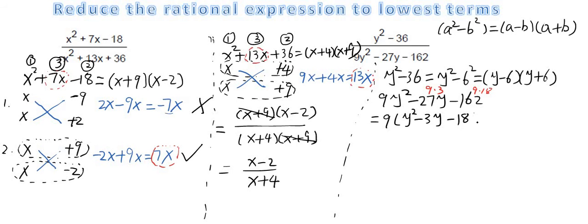Again, how do we factor this polynomial, y squared minus 3y minus 18? We follow these 3 steps. Let's write this one again.